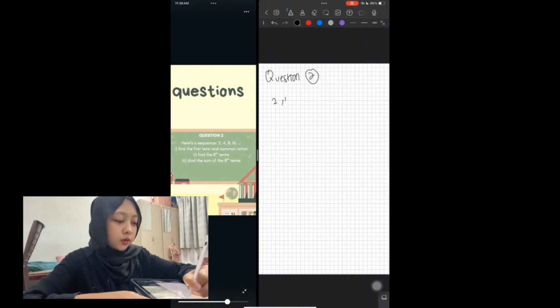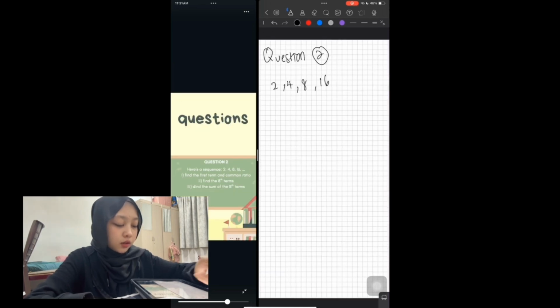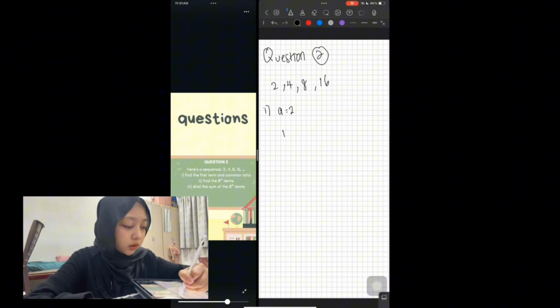Now let's do question 2. The sequence given is 2, 4, 8, and 16. First we need to find the first term and the common ratio. The first term is 2, which is the first one in the sequence, and the common ratio is 16 divided by 8, which gives 2. So the common ratio is 2.